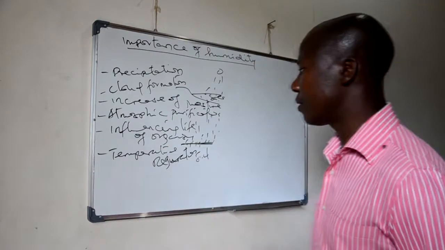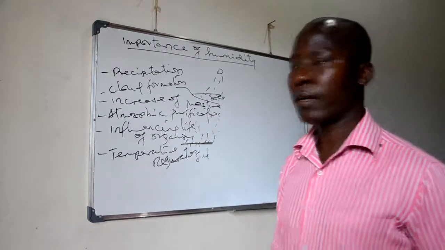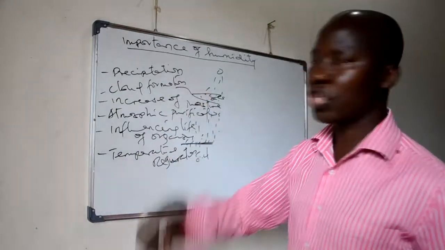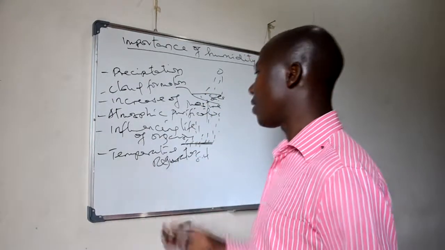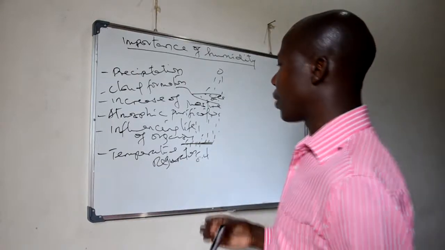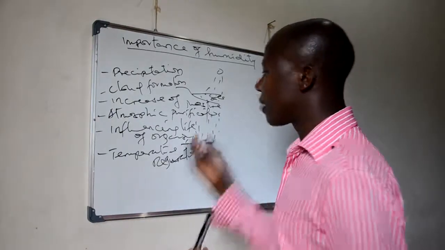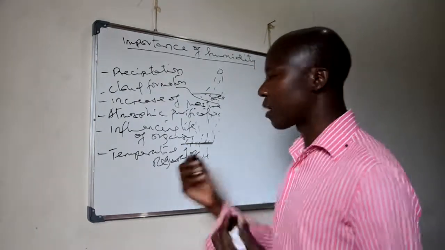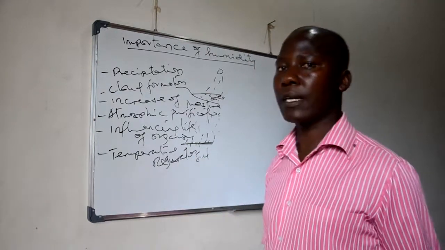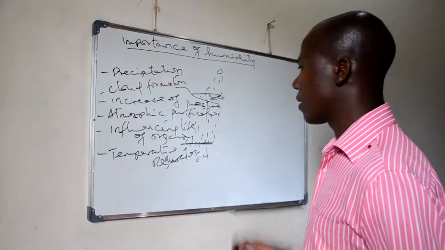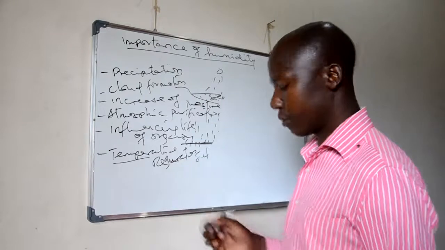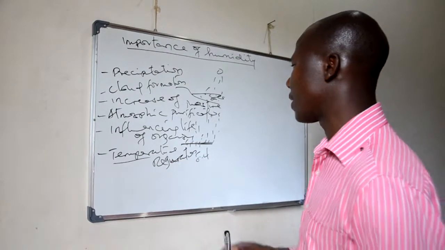Therefore, when the humidity is large and causes the formation of cloud and thereafter precipitation, the temperature of a particular area will be reduced. Wherever humidity or dampness takes place on the surface, the temperature will be regulated.